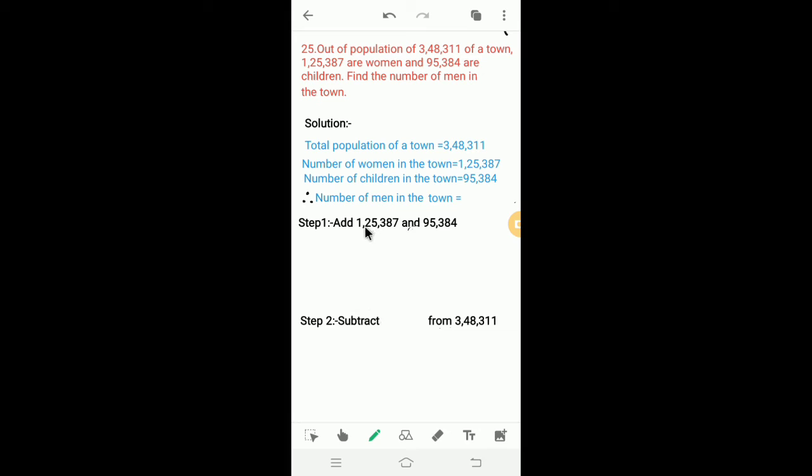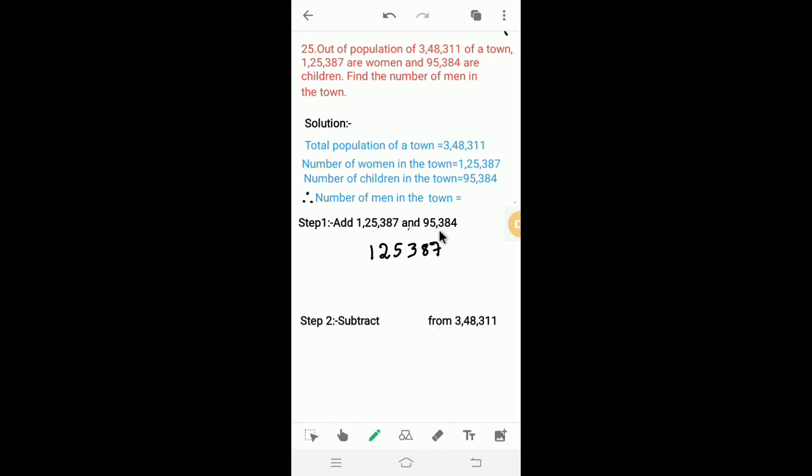So first we have to arrange these numbers in columns. Whenever you arrange these numbers, you must write the numbers from its ones place. So first I will take 1,25,387. So 7, 8, 3, 5, 2, 1.